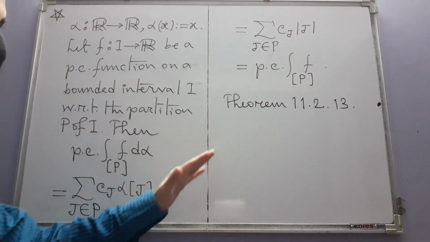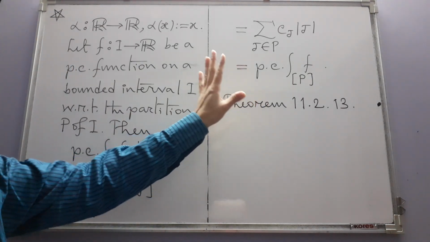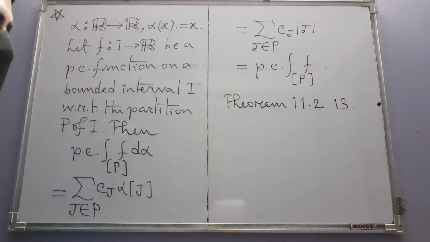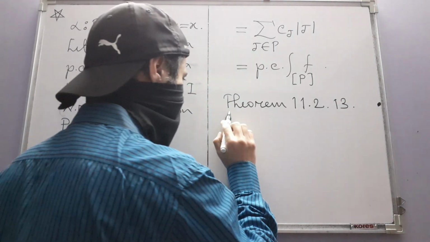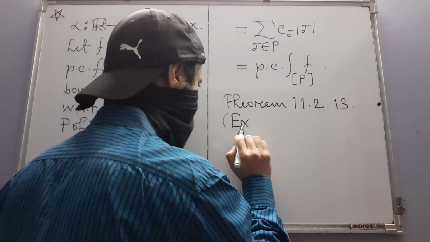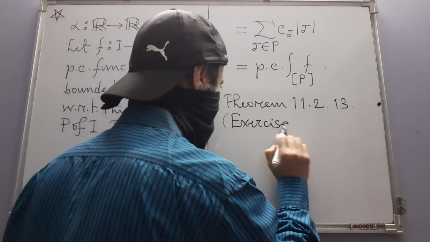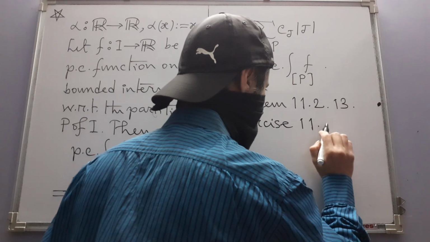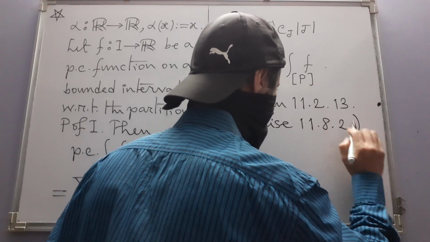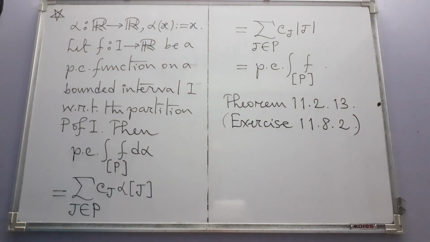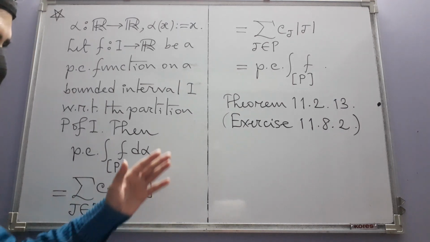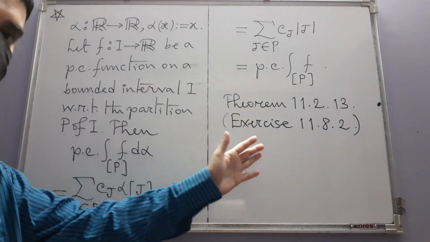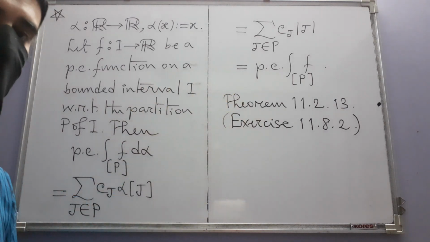And the exact analog of this result for our PC Riemann-Stieltjes integral, we will see and prove in an exercise. This is going to be exercise 2. So we will see it and discuss it when we solve this exercise. And with this said, you assume that this is with us. We have already done this.